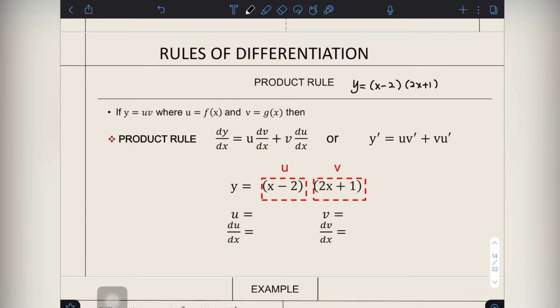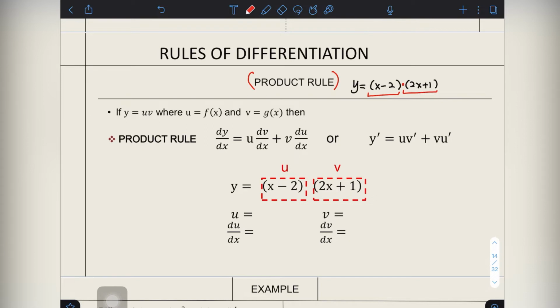So here you have two different functions. Function 1 is x minus 2 and the second function is 2x plus 1. Between these two functions you have multiplication, therefore you can differentiate this kind of function by using the product rule.